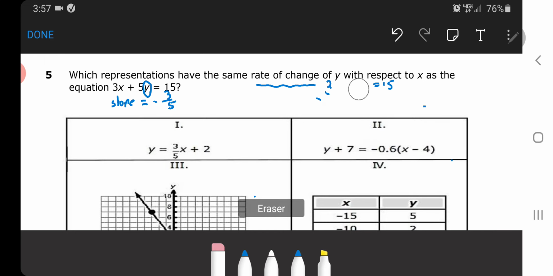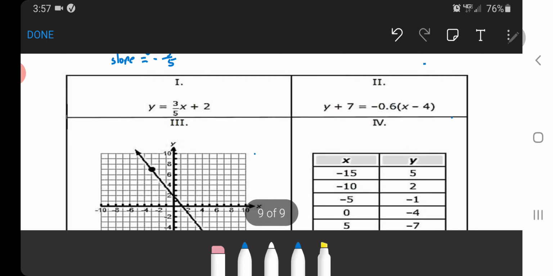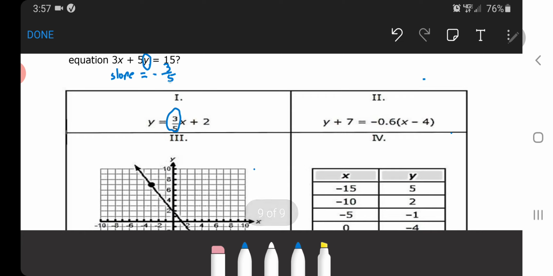Let's compare it to everybody else real quick. Lucky for us, this one is easy to find the slope because it's already written in slope-intercept form. But it's representing slope as 3 over 5, which does not match up with negative 3 over 5. Negative 3 over 5 is completely different than 3 over 5. So option 1 doesn't work for us.